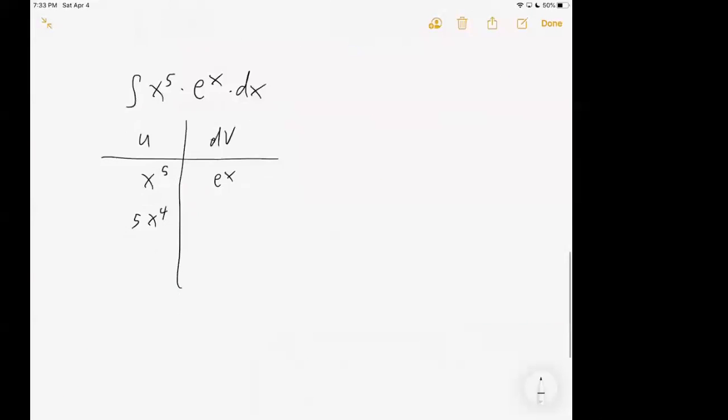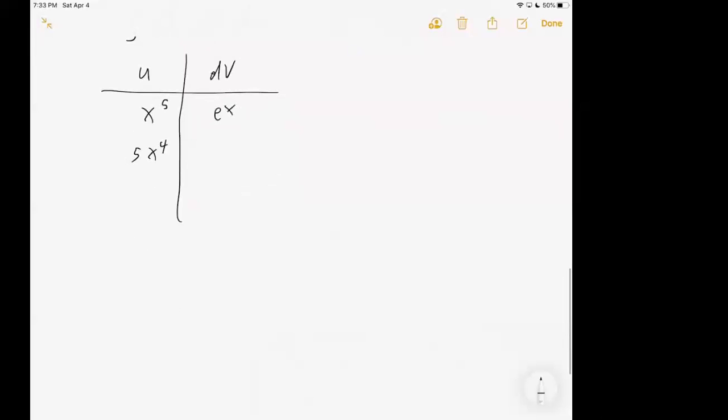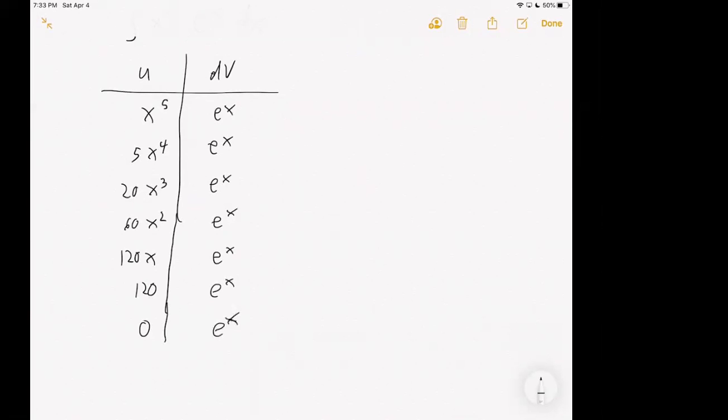Oh, I better make this a long chart. 20x cubed, 60x squared, 120x, 120, and finally we get to the end. The nice thing is this column is all e to the x, e to the x, e to the x, e to the x, e to the x, and e to the x.